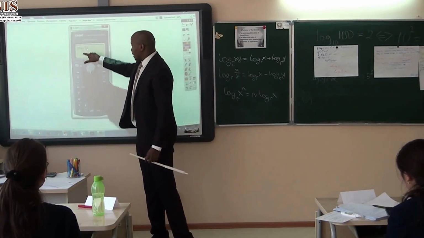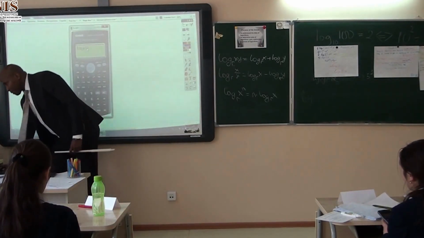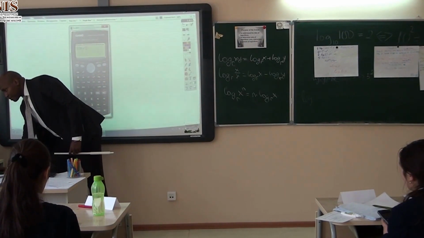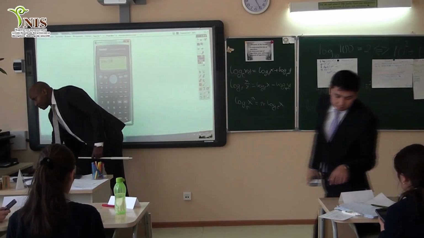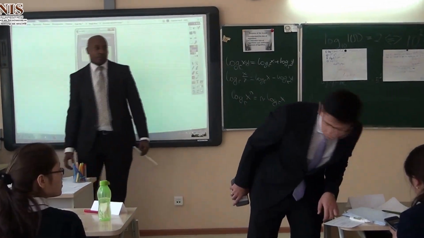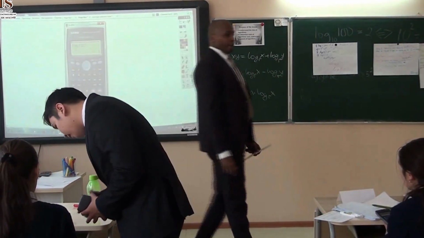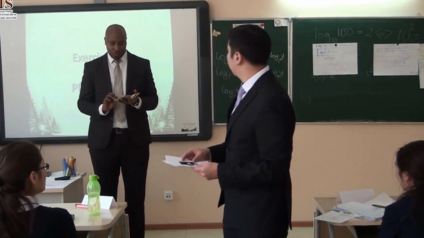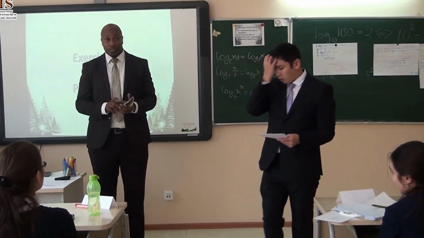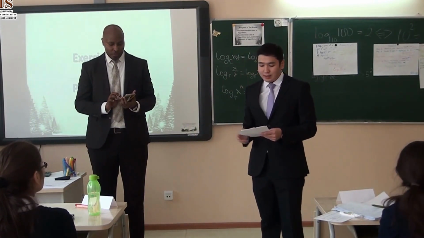Right arrow. Arrow, 2, and then arrow. 2. You get it? Is it clear?